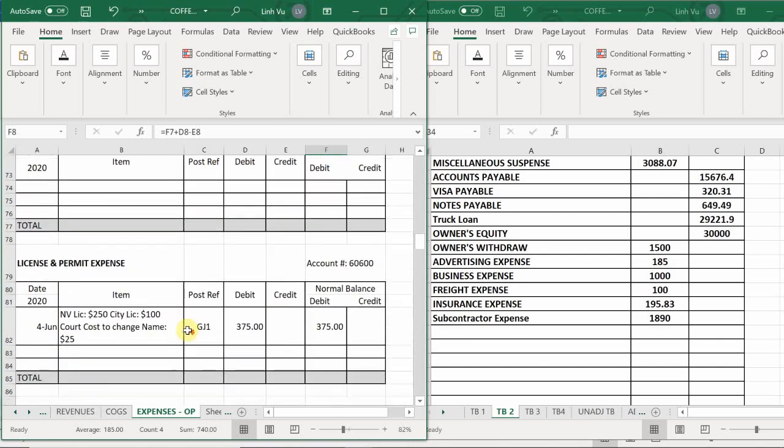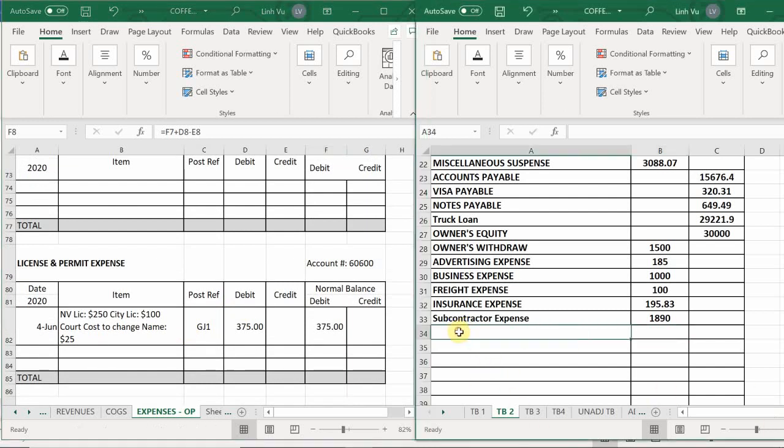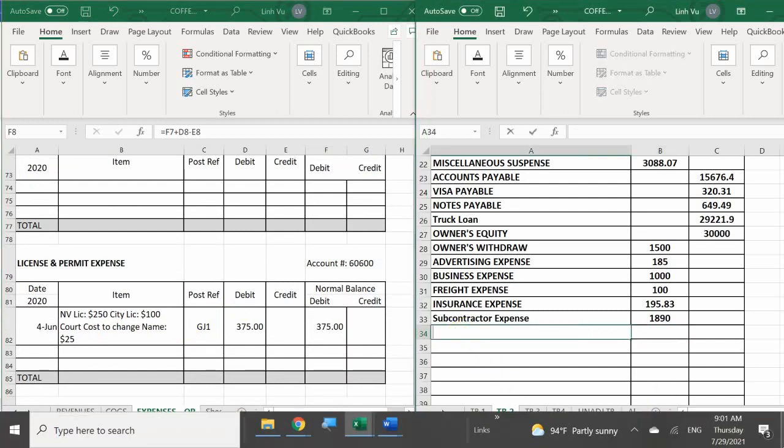All right, license and permit expense. Yes, we did have license and permit expense, for a total of $375.